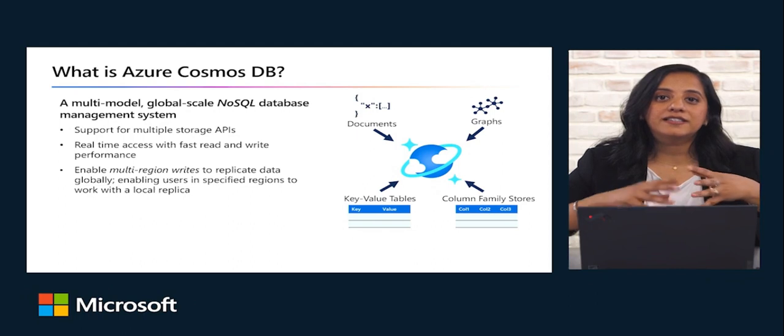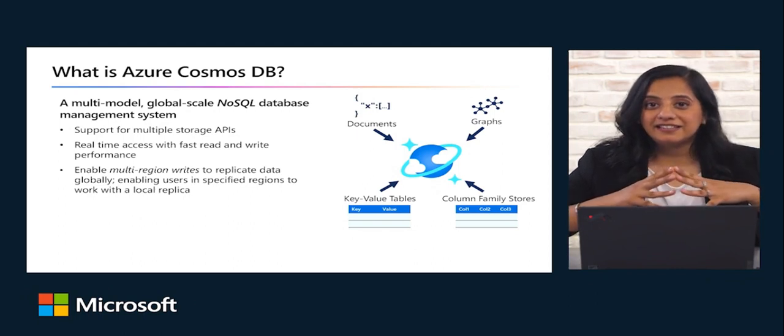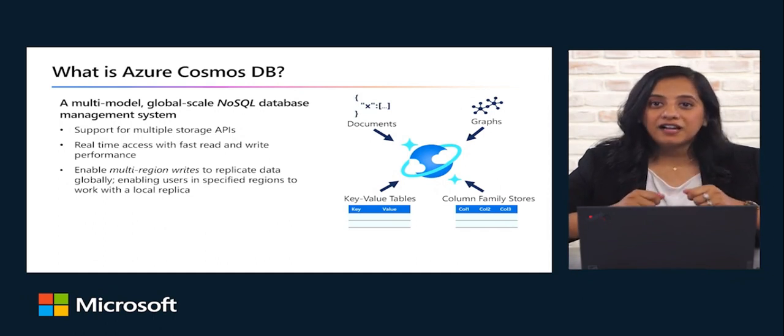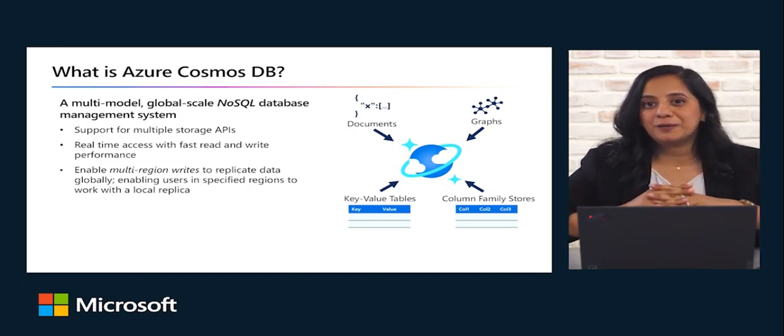Games often require single millisecond latencies for read and write to provide an engaging in-game experience. A game database needs to be fast and be able to handle massive spikes in request rates during the game launches, and of course the feature updates.